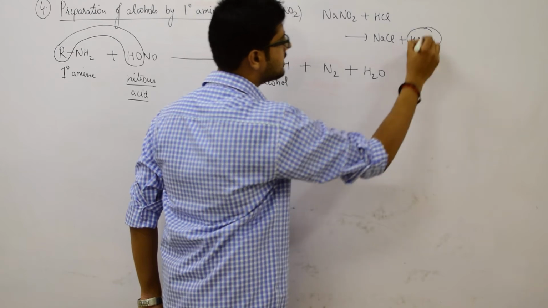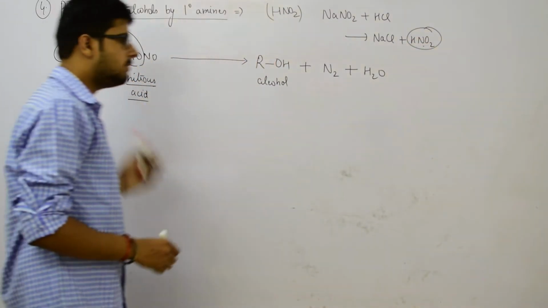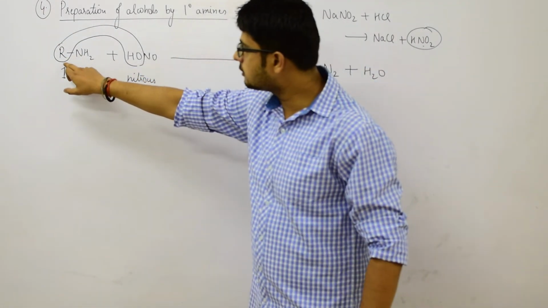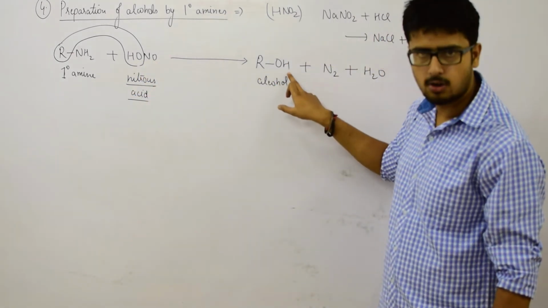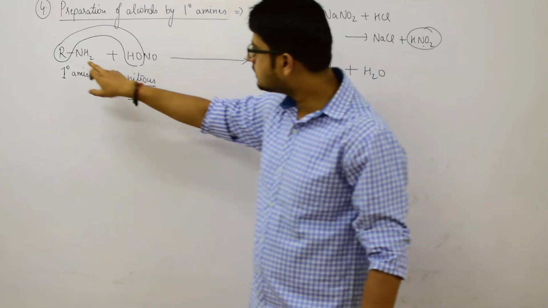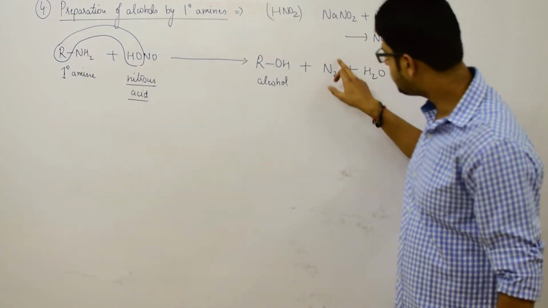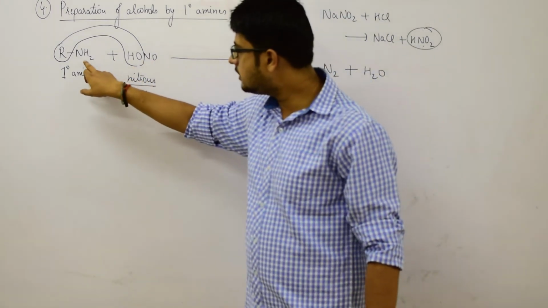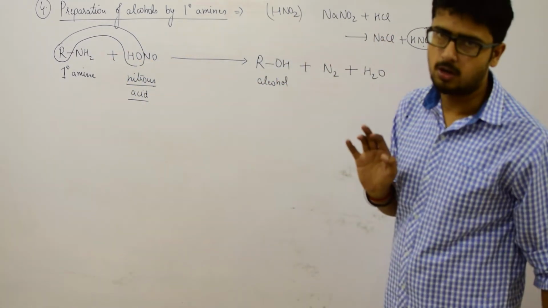So this is the nitrous acid which is used in this process. So when we are treating primary amine with nitrous acid, this R group combines with this OH group to form ROH, our alcohol molecule, and the two nitrogen atoms combine in the form of nitrogen molecule, and this oxygen atom and these two hydrogen atoms combine in the form of water molecule.